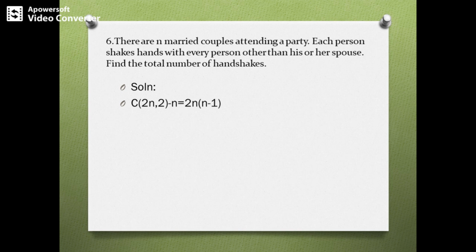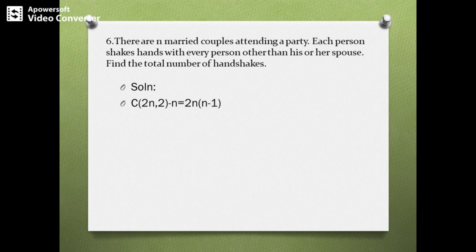And here n refers to the pairs which are married couples, because they themselves do not shake hands with their spouse, but rather they shake hands with persons other than their spouse. Okay, so 2n comma 2 pairs, and they shake hands with the other person other than their spouse.